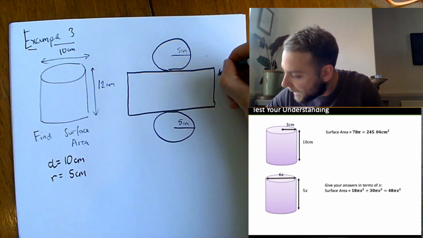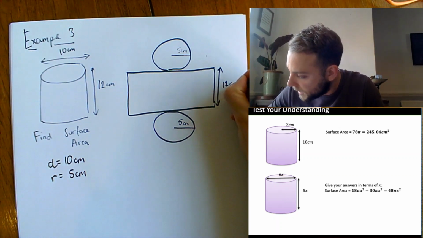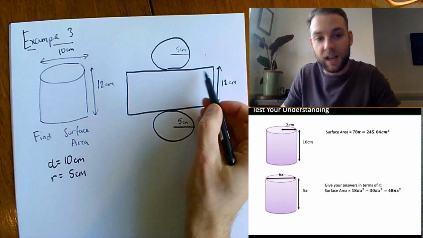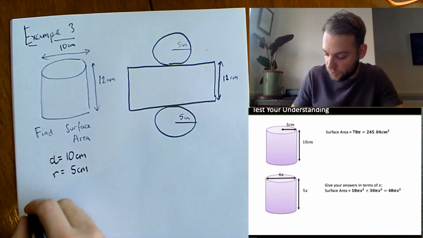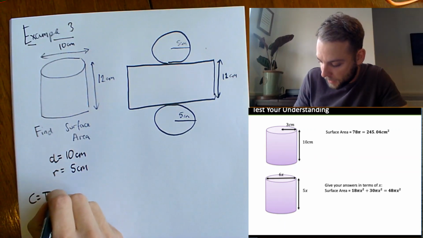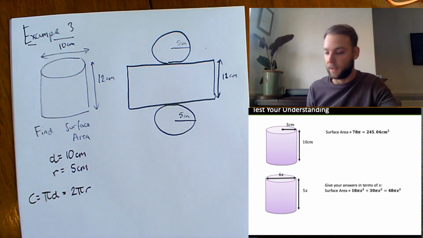We know that this height here is equal to the 12, which is the same as the height there. And we know that this length here is the same as the circumference of the circle, and the circumference of a circle is equal to pi times by d, or 2 pi r. They're both the same thing.